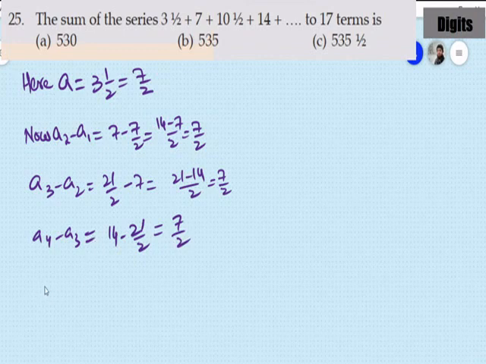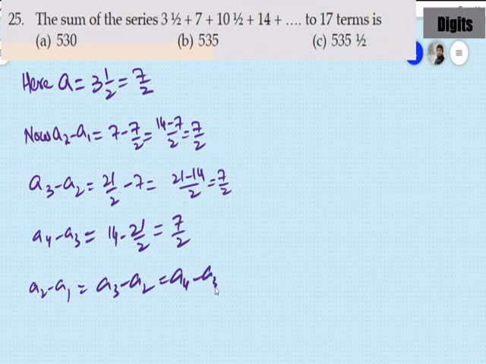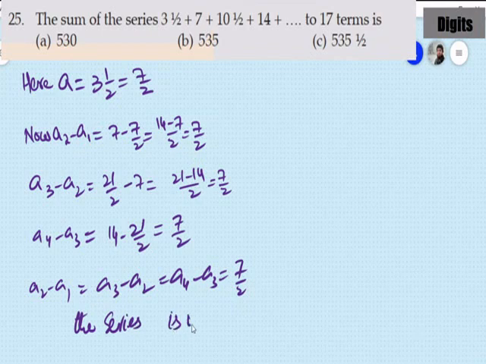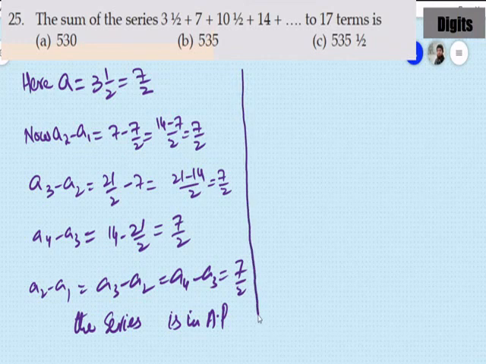Now here we can say a2 minus a1 is equal to a3 minus a2 is equal to a4 minus a3, which is equal to 7 by 2. And we can say the series is in arithmetic progression. So first we have seen the series is in arithmetic progression. Now we are asked the sum up to 17 terms.